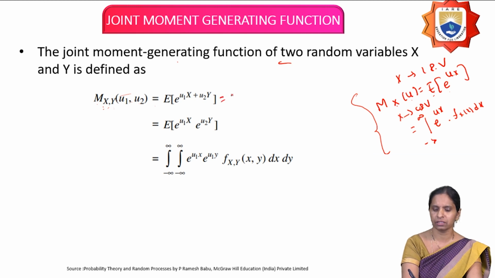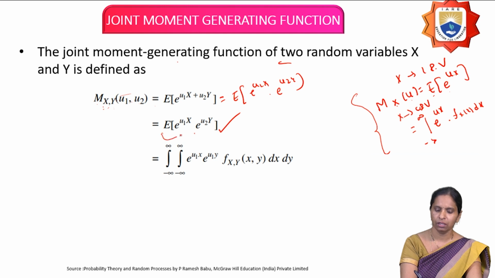Or else you can write it as the expectation of e power u1 into x and e power u2 into y, because e power a plus b equals e power a into e power b. So this is called the moment generating function for two random variables x and y.